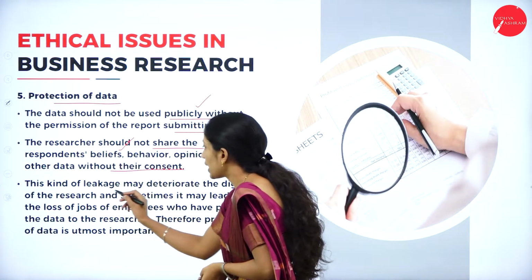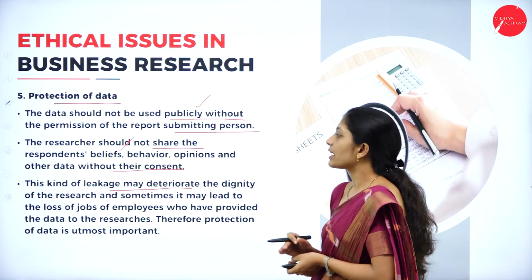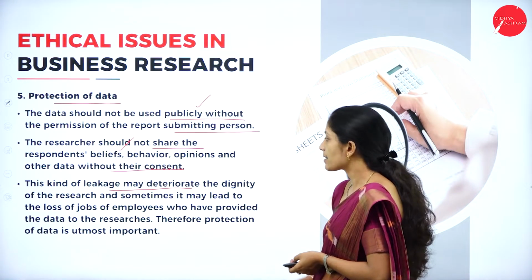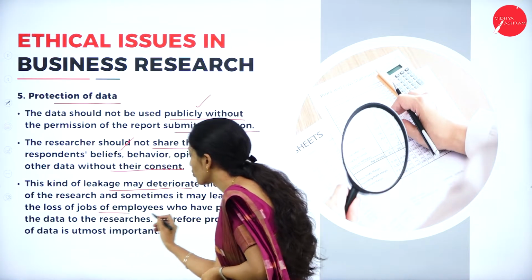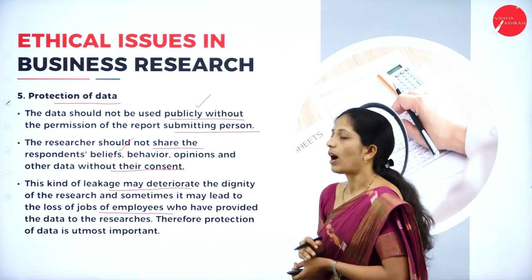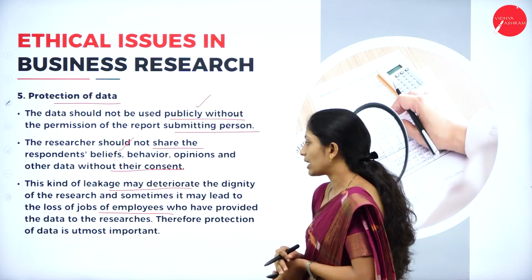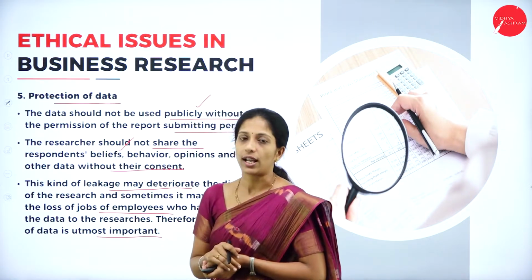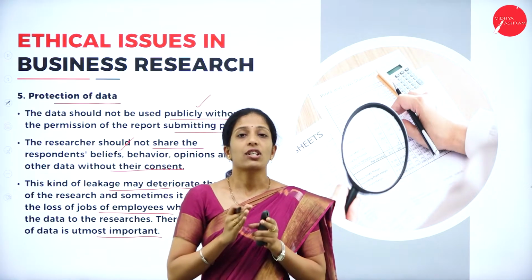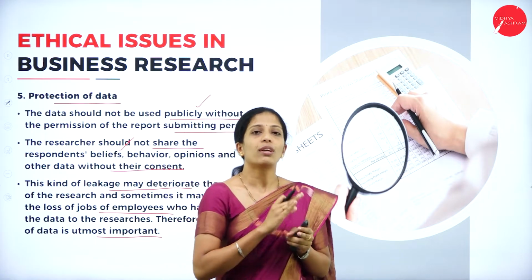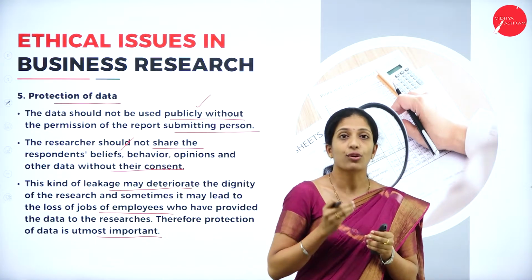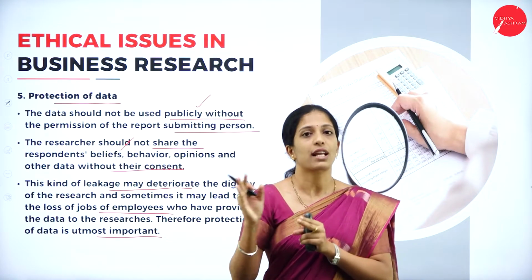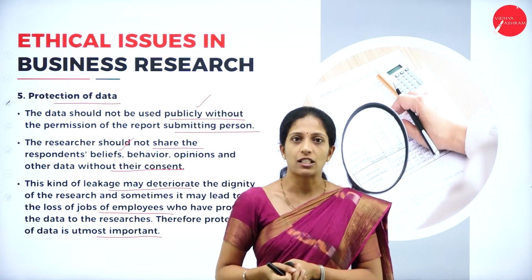This kind of leakage may deteriorate the dignity of the research and sometimes it may lead to loss of jobs of the employees who have provided the data to the researchers. Therefore, protection of data is utmost important. Here the researcher has to keep in mind that no information is leaked. If he is going to leak the information, he has to take the permission from the respondents.